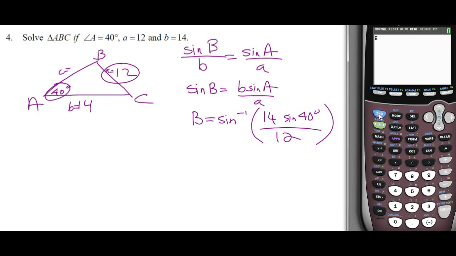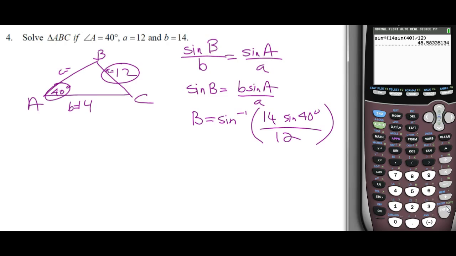Okay, so sine inverse. Remember, if you forget to hit sine inverse, you're just going to end up with a small number, right? At which point you say, based on my diagram, which may not be perfect, I don't think it's 0.5 degrees, right? So, all right, I've got to do the sine inverse on that. 14 sine 40, close bracket, divided by 12. All right, I got 48.6 degrees.